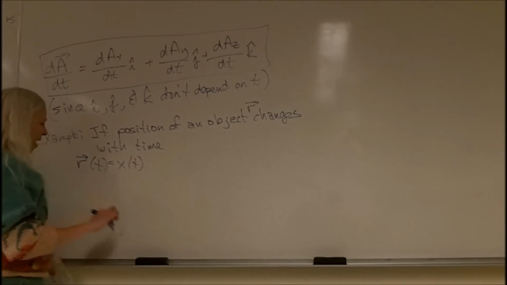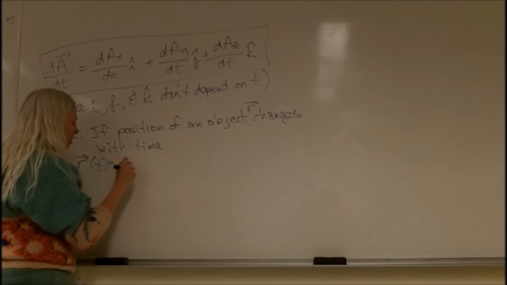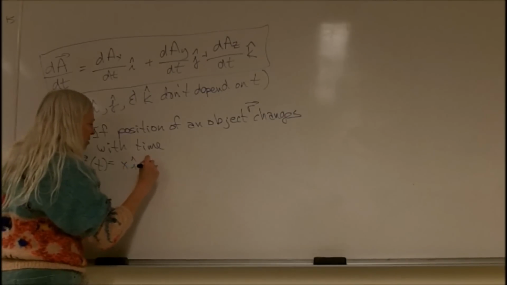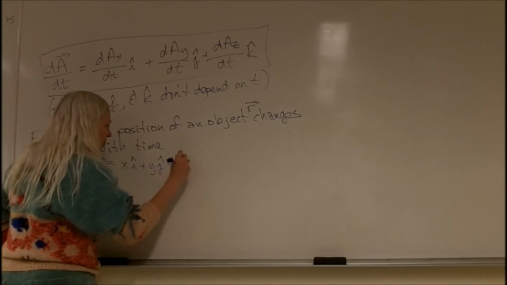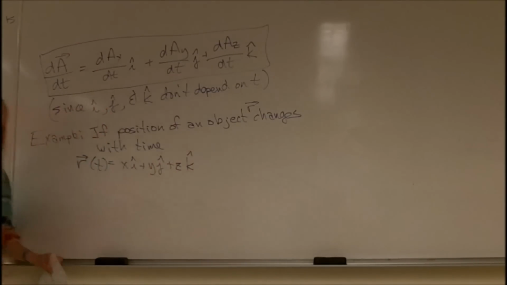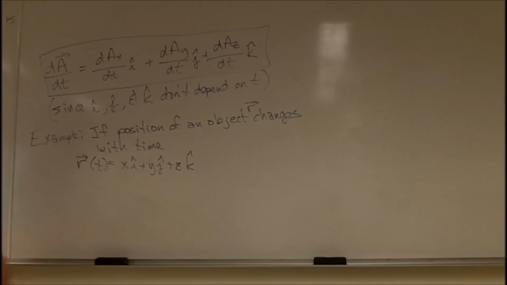An r vector, a position vector, has components x, y, and z. So each of those gets multiplied by the appropriate unit vector. But now, since r is a function of time, x, y, and z are each functions of time as well.